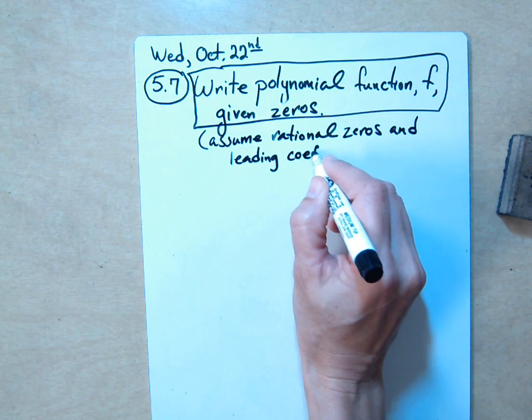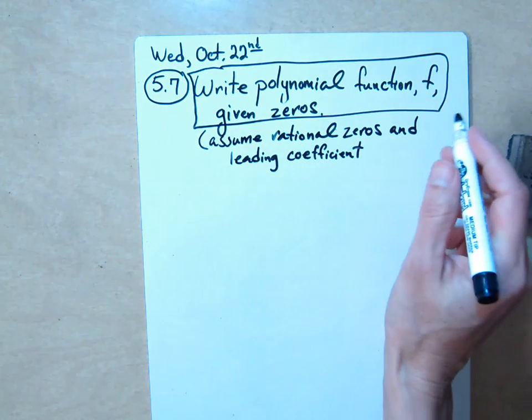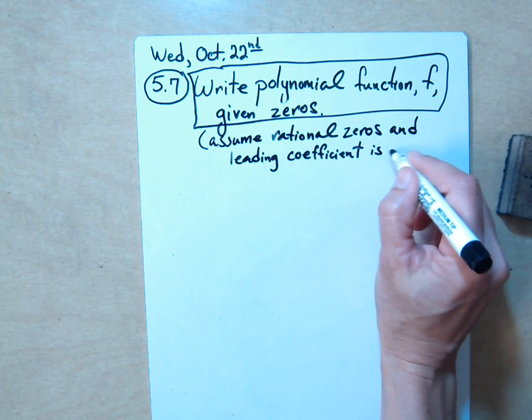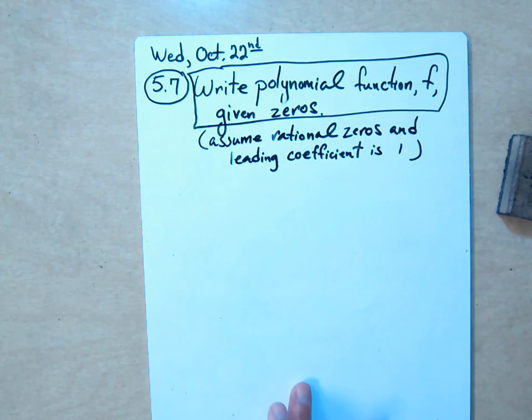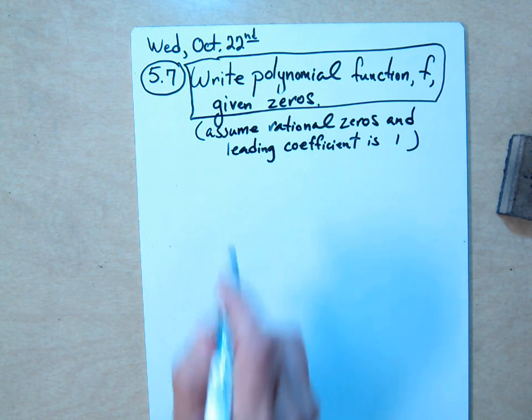Because if it's not, then we still would need more information to find the equation. So to just go to the heart of the matter and just what you need, I'm keeping it simple.